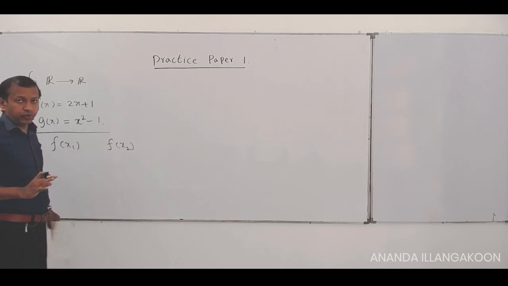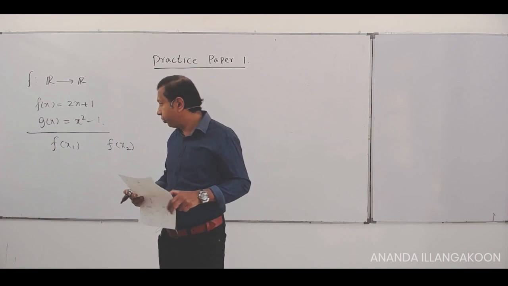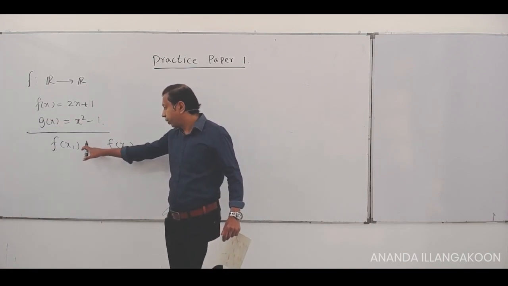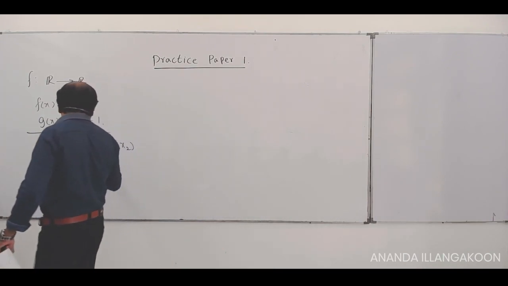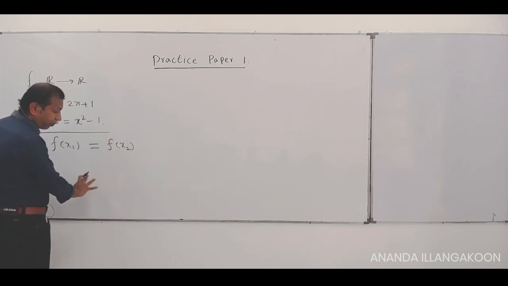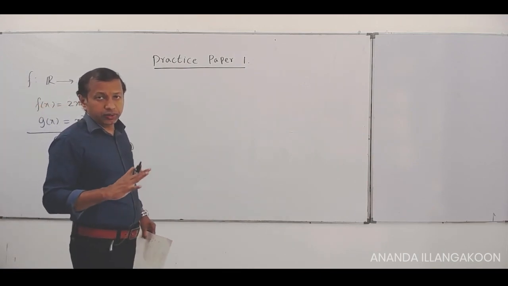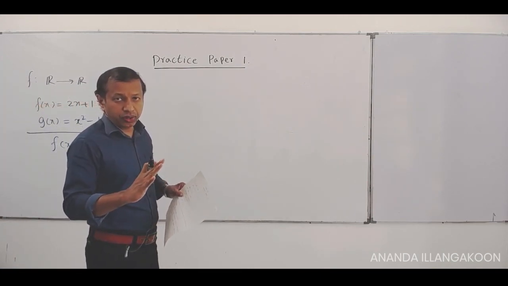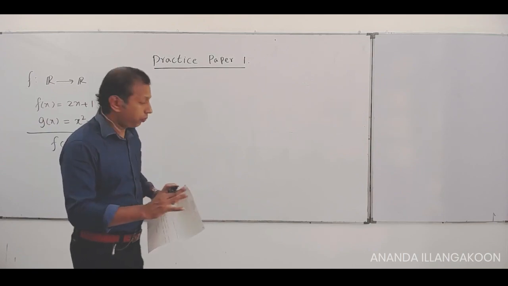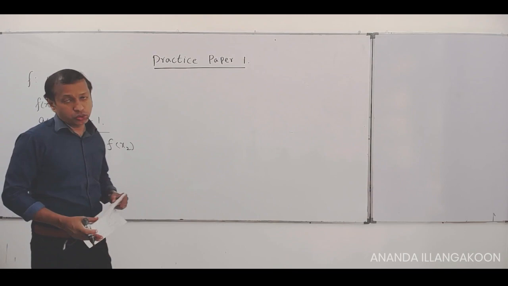There are two ways of showing a function is one-one. First, we take f(x1) equals f(x2), and thereafter substituting and simplifying, show x1 equals x2. Secondly, taking f(x1) not equal to f(x2) and showing x1 not equal to x2.